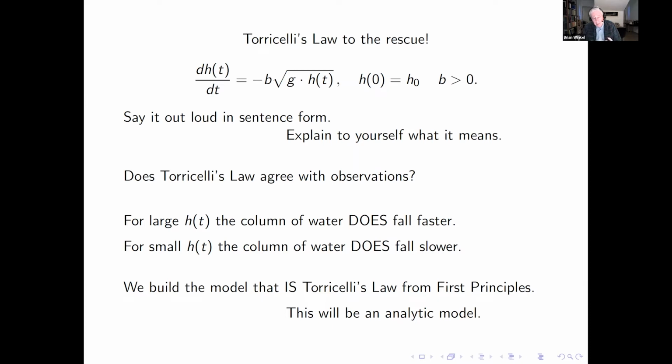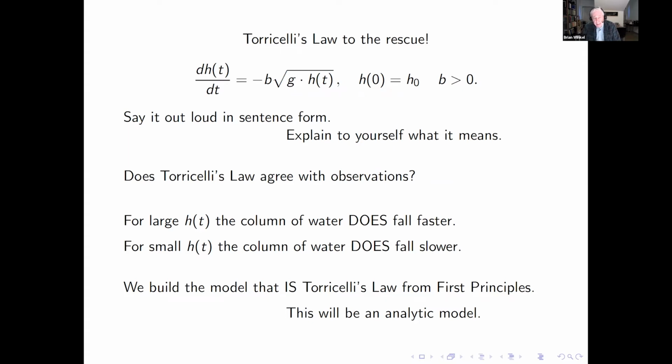So I've elected to pose the end differential equation right up front for students and for you and say, this is where we're going to go. And we're going to figure out where on earth Torricelli got this and how he got this. And then we're going to use it to model and do some things. So what this does, if you say it out loud, is it says the rate at which the height changes is minus b, some constant, times the square root of g, which is the gravitational constant, times the height.